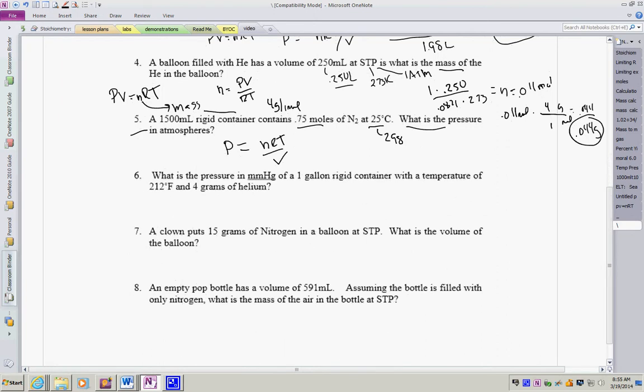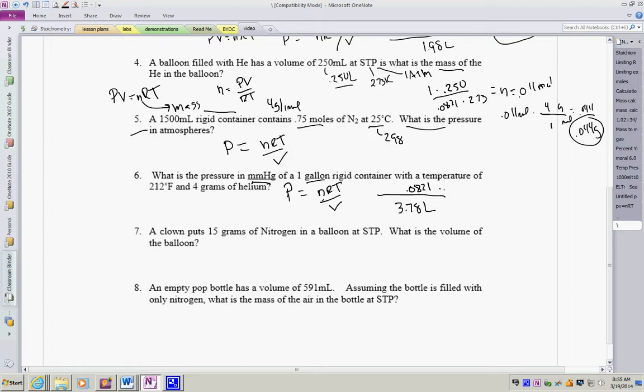Number 6, what is the pressure in millimeters of Hg? So they want a different unit here. A 1 gallon rigid container with a temperature of 212, 4 grams of helium. Looking for pressure, so P equals nRT over the volume. Let's start plugging in what we know. The volume is 3.78 liters, a rigid 1 gallon. R is 0.0821.